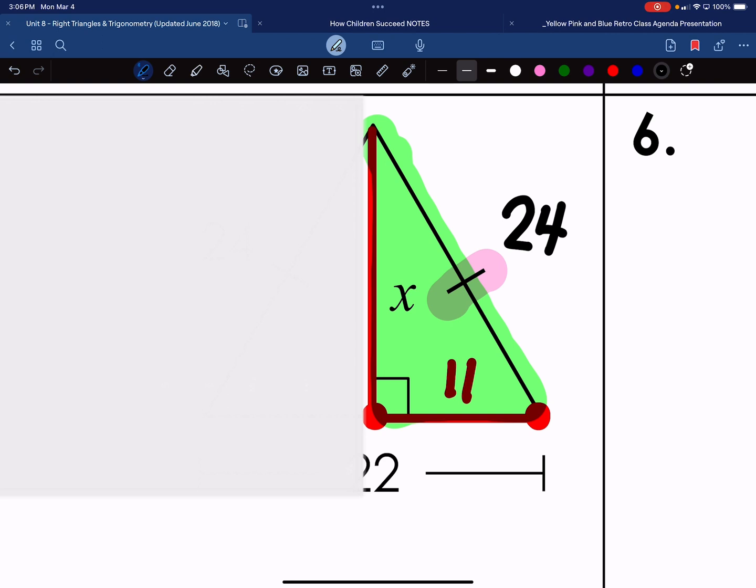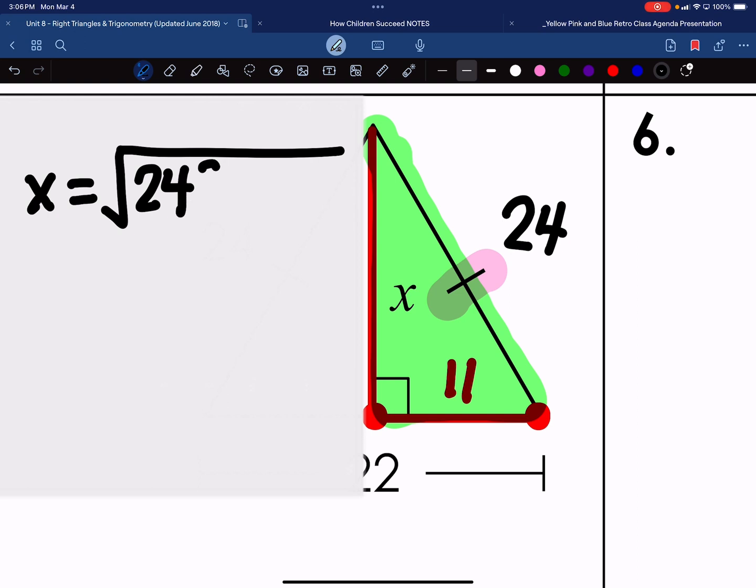So x equals the square root of 24 squared minus 11 squared. If you have the hypotenuse, you have to subtract every single time, otherwise your number is going to come out too big. You can type that in the calculator exactly like you see it.